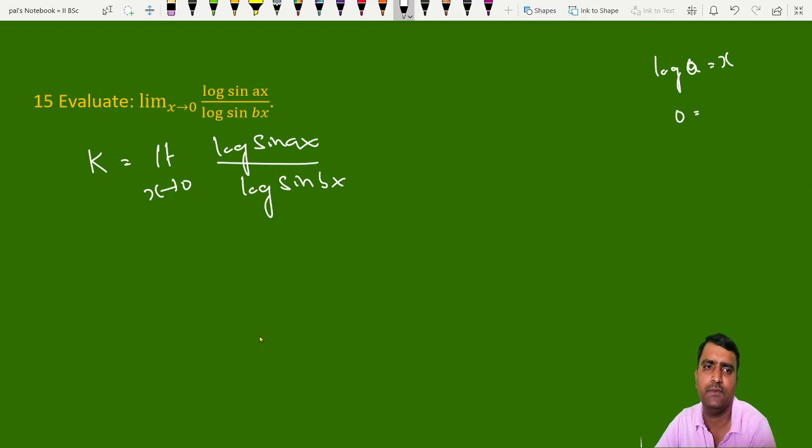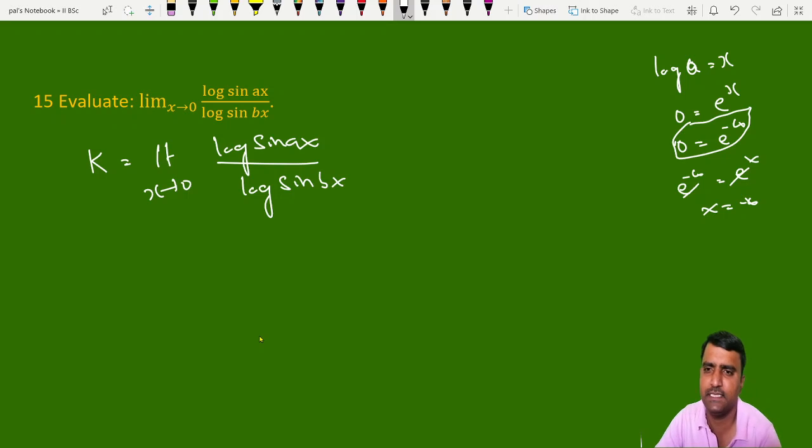Then 0 is equal to e to the power of x. e to the power of minus infinity is 0, so 0 is e to the power of minus infinity equals e to the power of x. e cancels, so x is equal to minus infinity. So log 0 means minus infinity, not plus infinity.